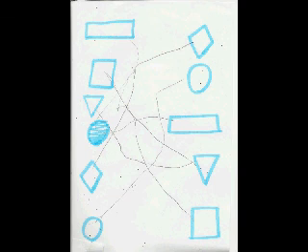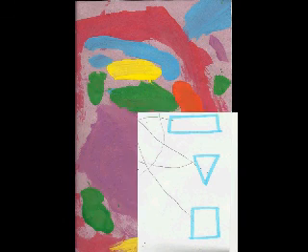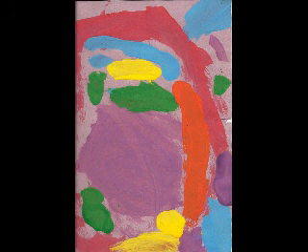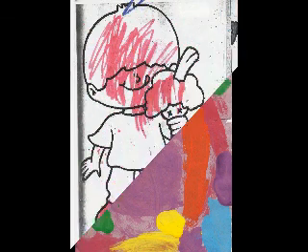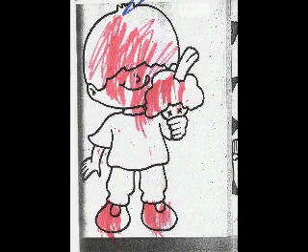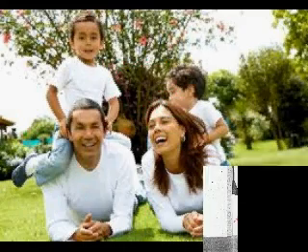Lady Hale said in her guidance, parents, children, and families are so infinitely various that the law must be flexible enough to cater for frailties as yet unimagined, even by the most experienced family judge.